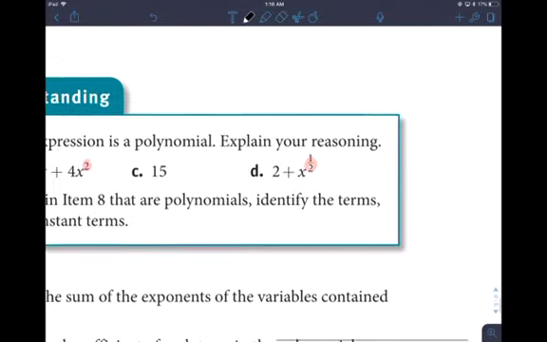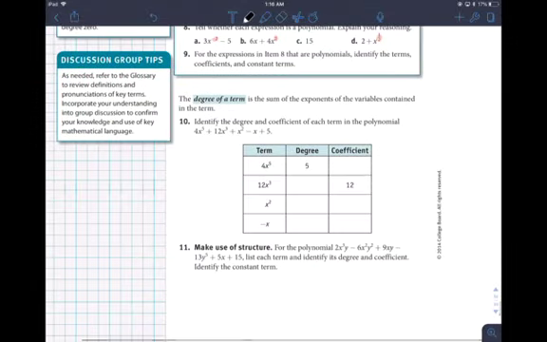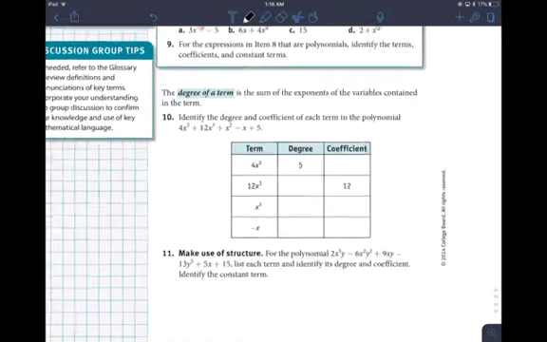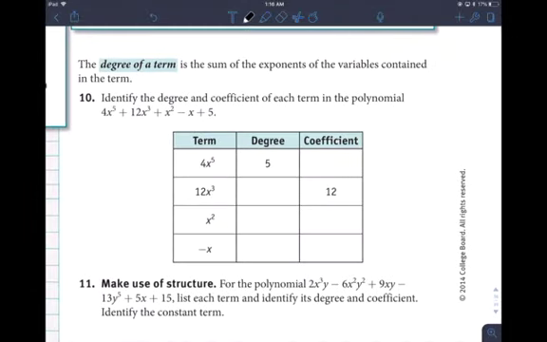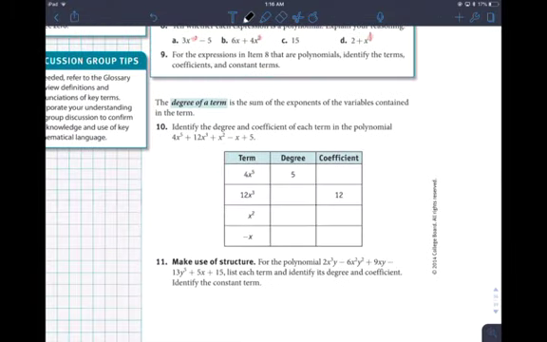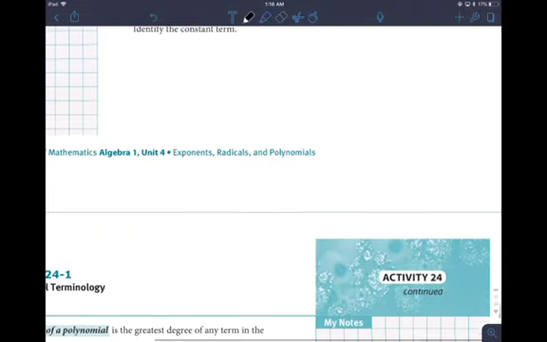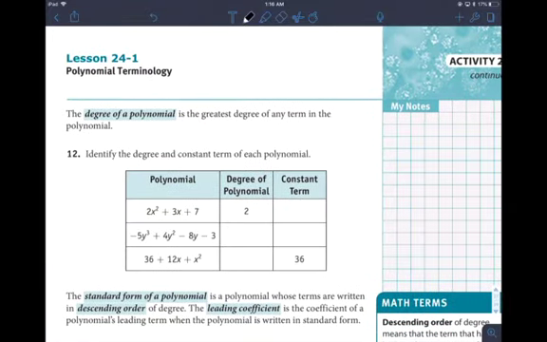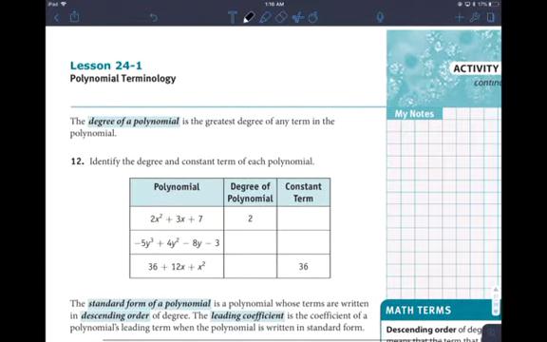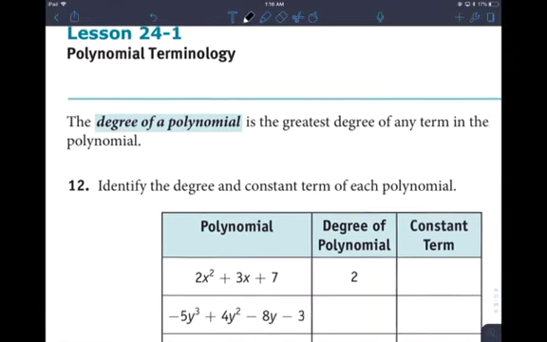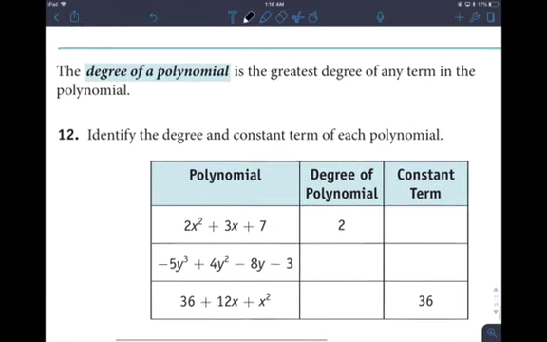So I just want to talk about degree of a term. Don't want to spend too much time on this because we don't really address it as much, but for sure, this is something that we do use a lot in higher math, especially in Algebra 2, which you'll be doing eventually.